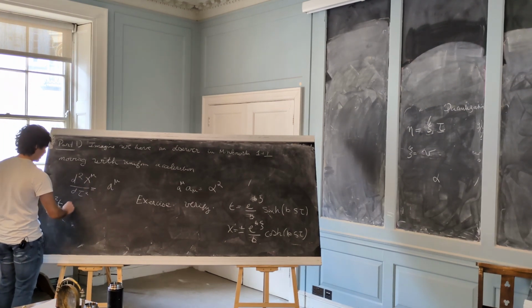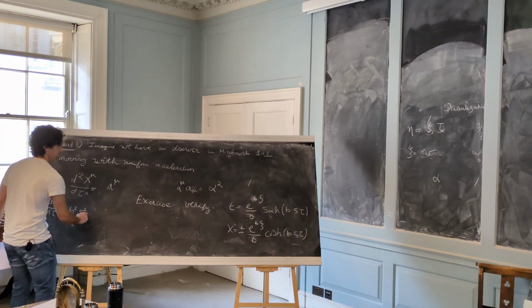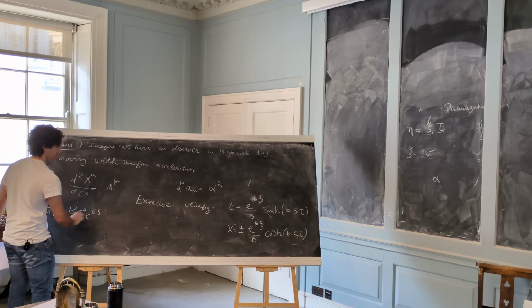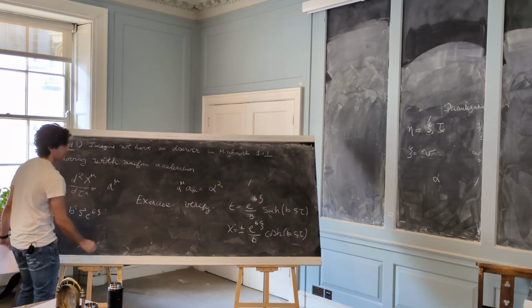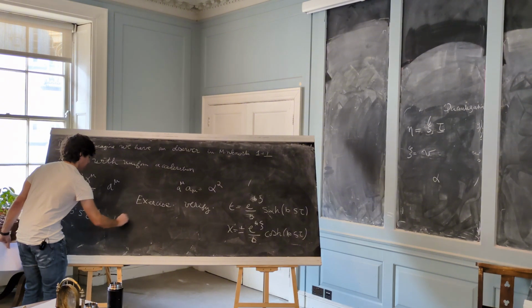Yeah. b squared s squared, e to the b c over b, so this b drops out, times sinh of b s tau.